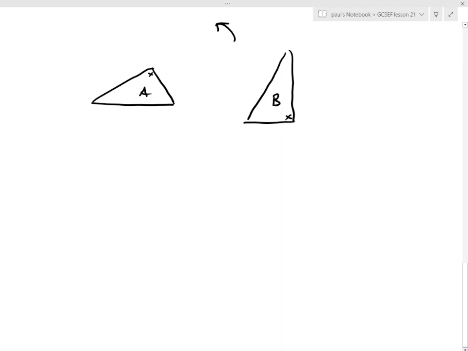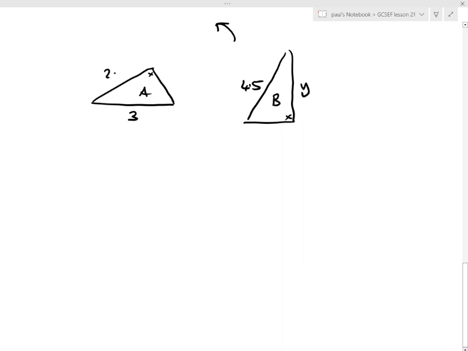Now, we'll have 3 there and 4.5 there. And what do we need to find? We need to find y. Where's y going to be? Y is over there.